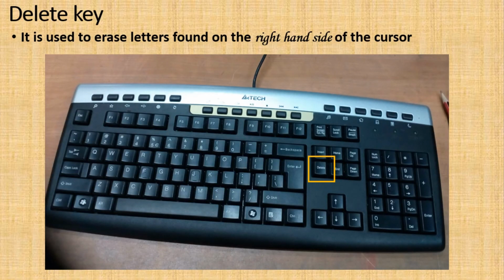Now the delete key. The delete key is used to erase letters or words found on the right hand side of the cursor. This is the delete key. Let's go through an example.